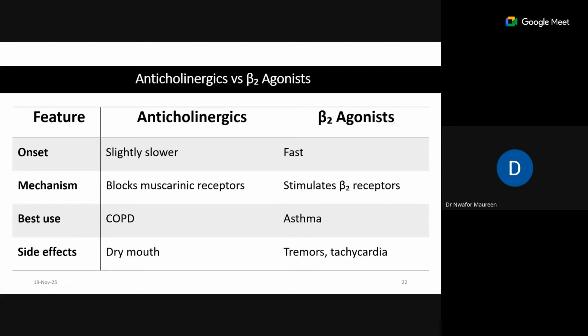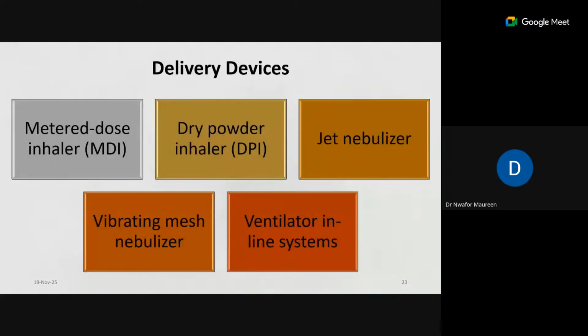We prefer to use anticholinergics in COPD and beta-2 agonists in asthmatic patients. Remember their side effects: anticholinergics mostly cause dry mouth, but beta-2 agonists cause tremor, tachycardia, hypokalemia, and the rest.